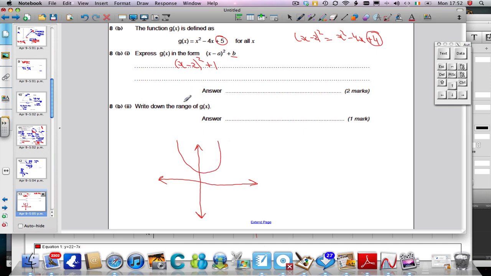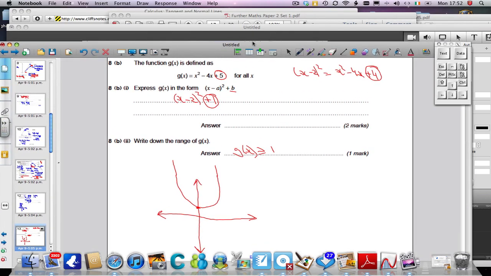And where is this function defined? Well, it's defined everywhere. G of x is defined everywhere greater than or equal to 1. It actually comes from this bit here. So again, if you're not sure, pick a couple of points, plug it in here, sketch your graph, and you'll see that the function is actually defined everywhere above 1.